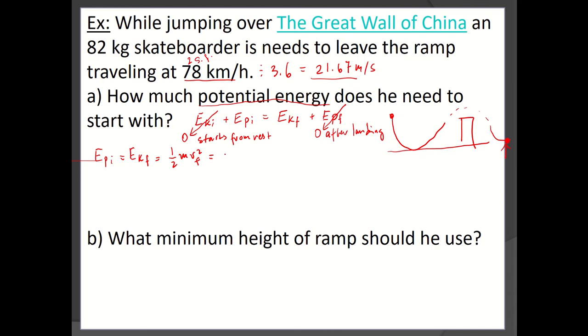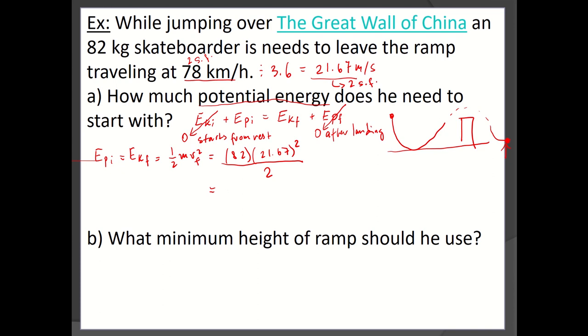So all we have to do is plug in the mass, which is 82, plug in the speed, which is 21.67, and then don't forget the squared, and then divide by 2. So remember, 2 sig figs only. So whatever you get is going to be rounded to 2 sig figs.